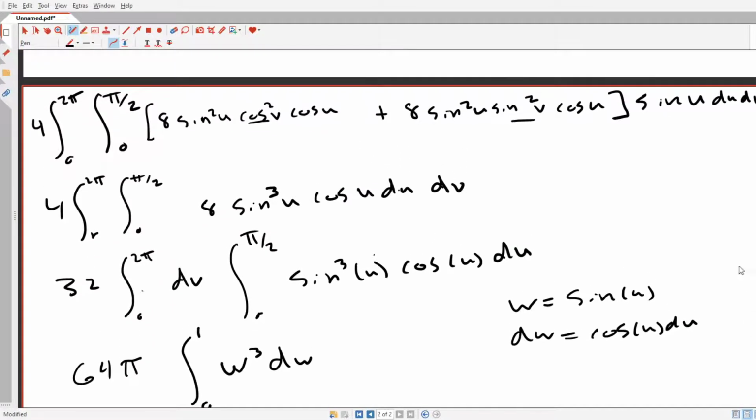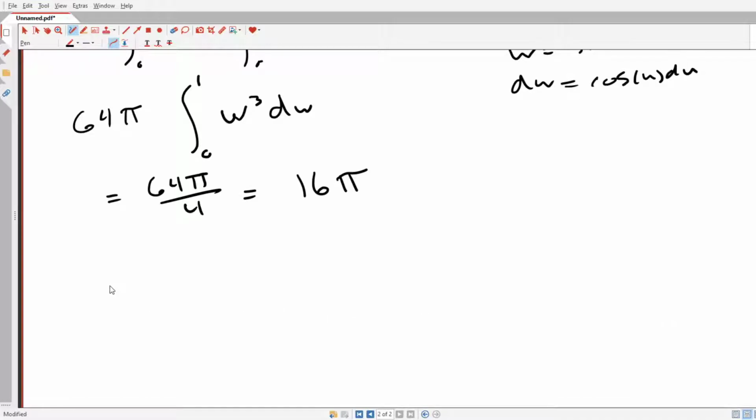But the surface area of a sphere is 4 pi r squared, right? And if our radius was 2, wait, hold on. 4 pi r squared. So that gives us 16. Hold up, so I got double what I was supposed to. That's not good.